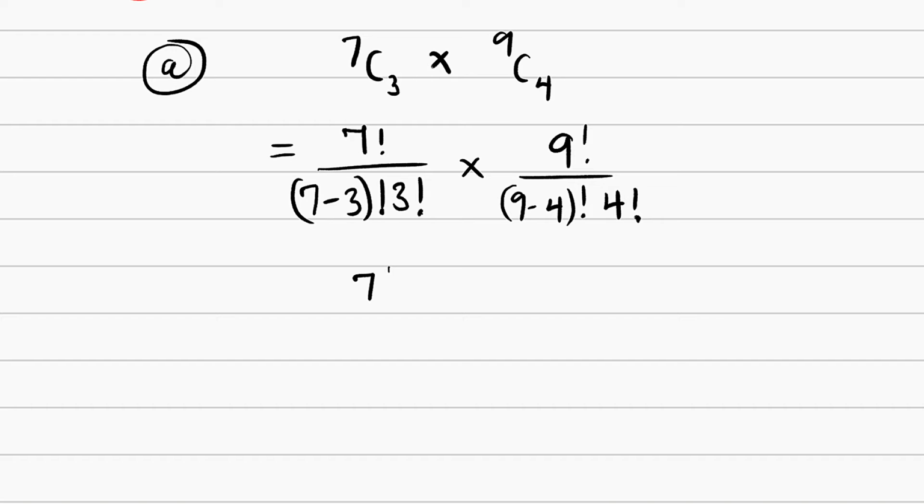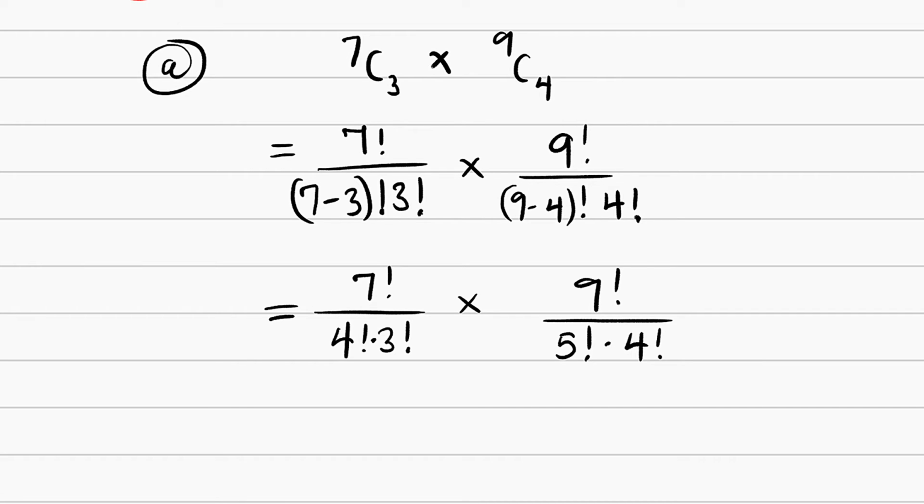We have 7 factorial, divide by 7 minus 3 is 4, so we have 4 factorial here, 3 factorial, multiply by 9 factorial, divide by 9 minus 4 is 5 factorial, then 4 factorial.